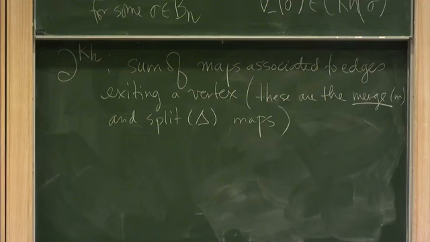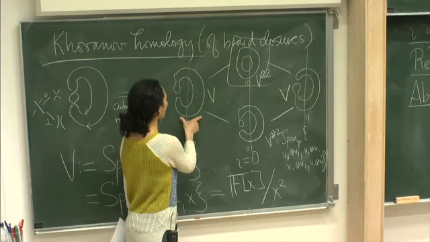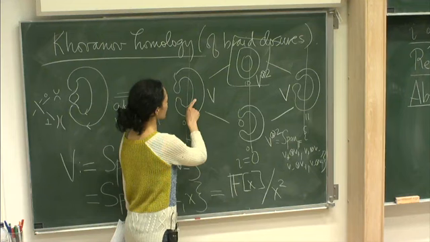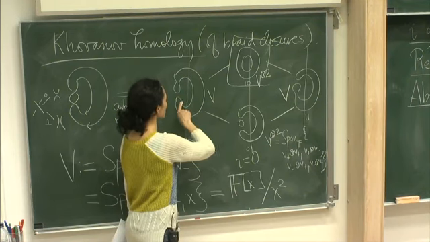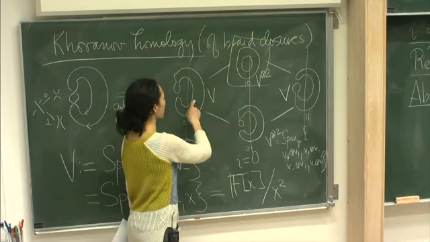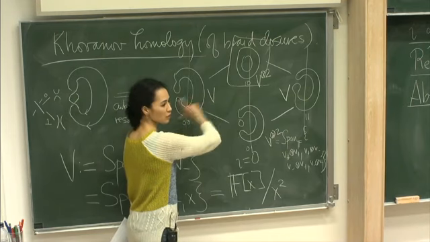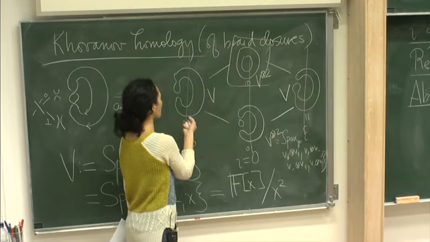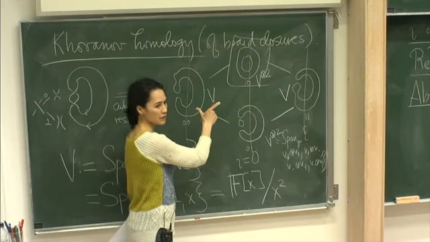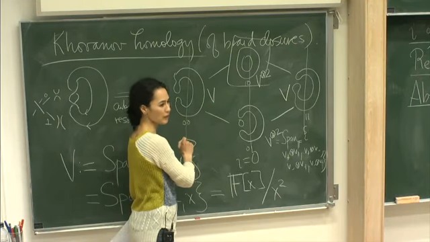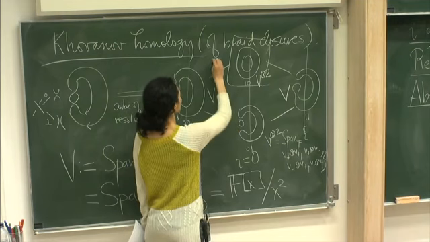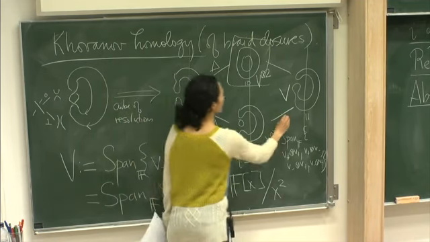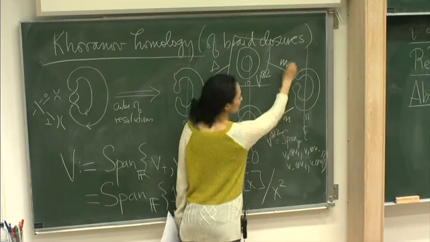Okay, so topologically speaking, at each vertex you have a complete resolution, and if you're just changing the resolution at a single crossing, then most of the circles will remain the same, and there will be either one circle splitting into 2 or 2 circles merging into 1. So here are some split maps, and here are some merge maps.